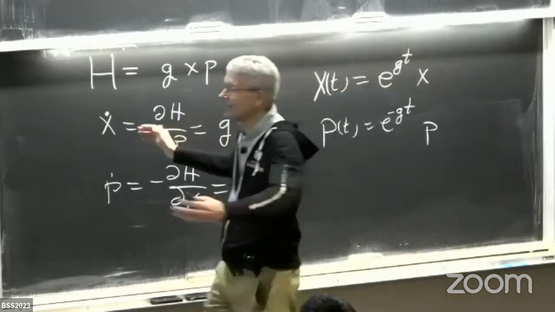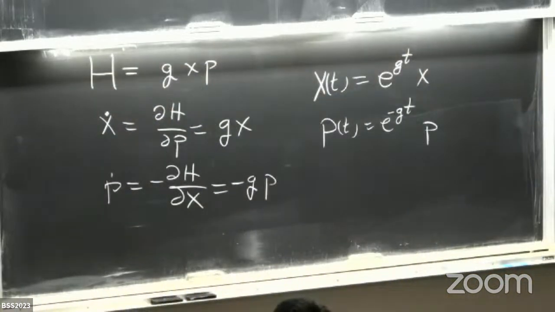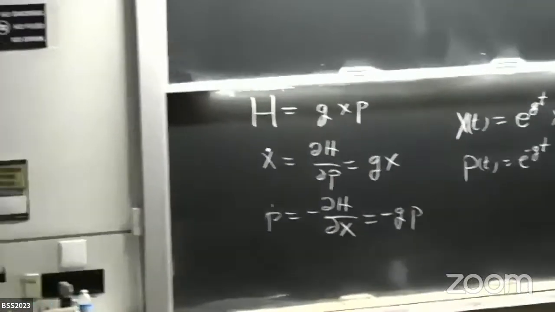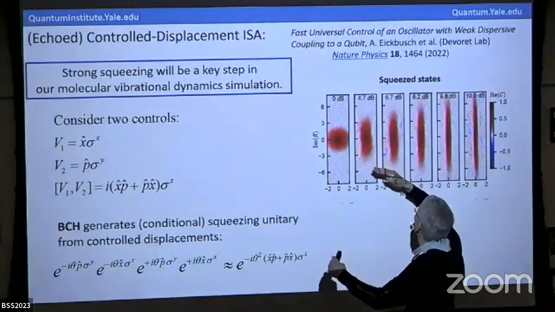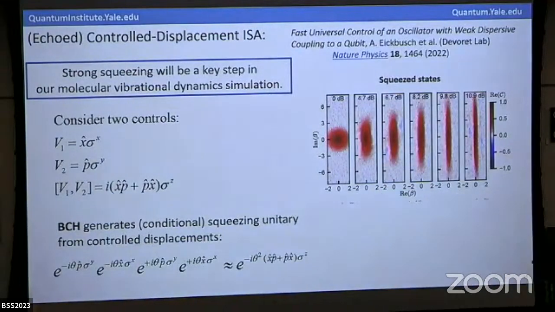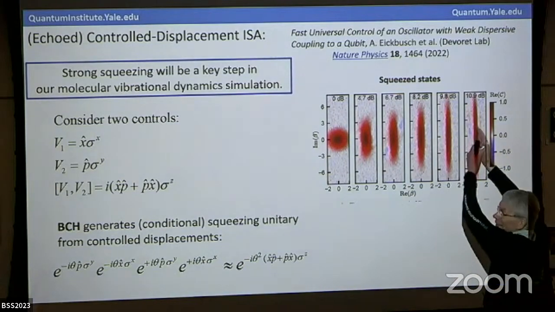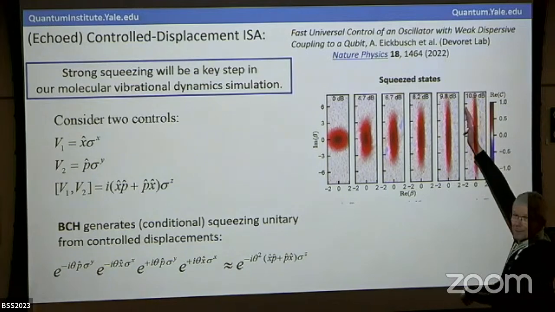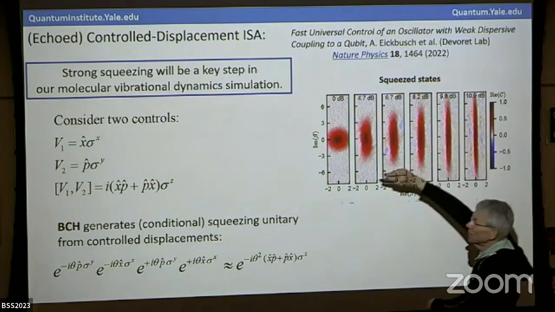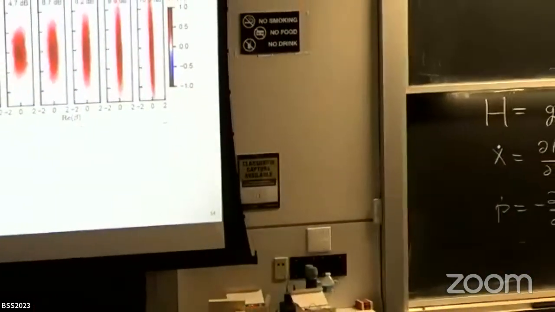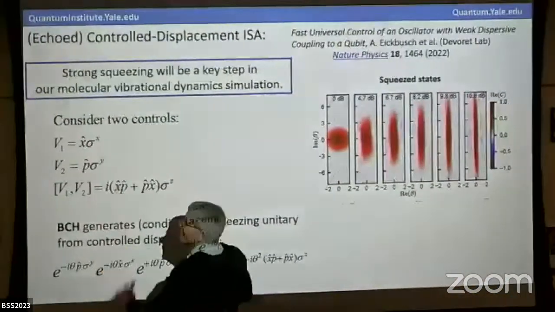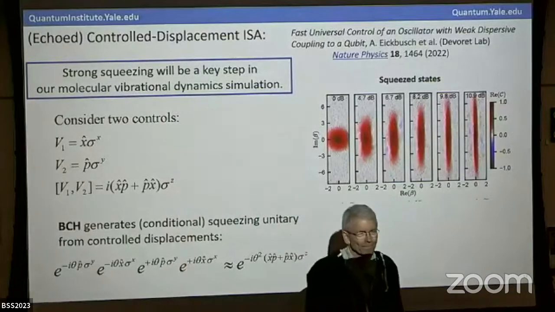So think of a classical ensemble where I might be here, here, wherever I am. And make G negative, then X gets squeezed and P gets anti-squeezed. If you solve the Heisenberg equations of motion quantum mechanically for this Hamiltonian, that's exactly what happens.